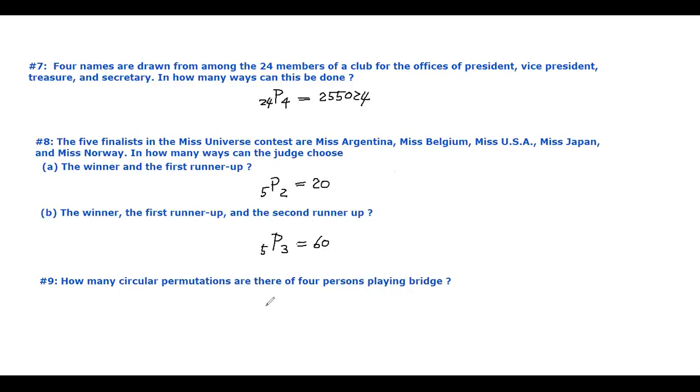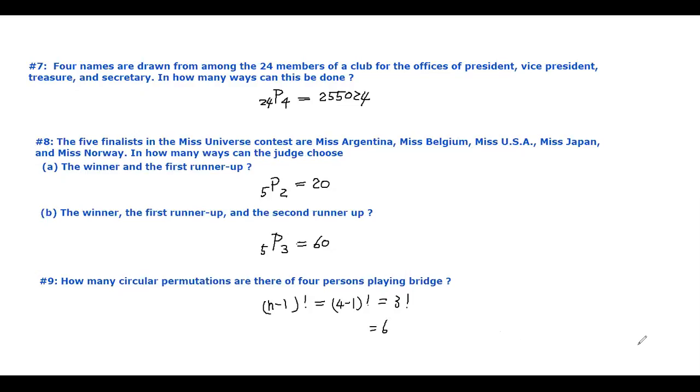So the formula is (n-1) factorial, which is 4 minus 1 factorial, so 3 factorial, so it's 6. So I have 6 different ways. That's what we call circular permutations.